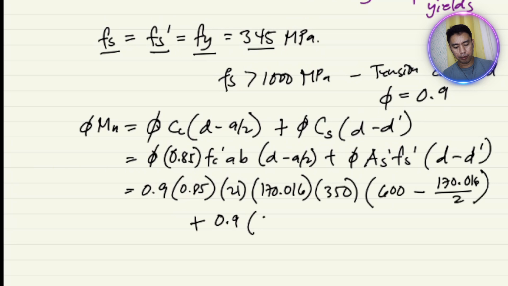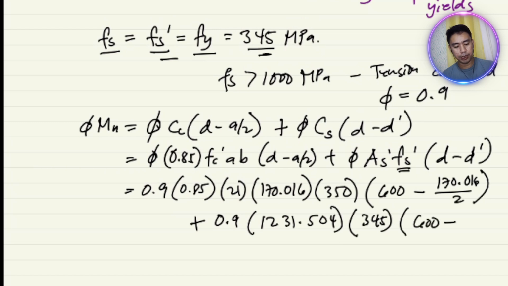Na-solve na natin yung AS prime, 1231.504 times Fs prime. Ano nga yung Fs prime? Fs prime is equal to dito 345. Okay, times moment arm of D minus D prime, or this is 600. Ano yung D prime natin is 60. Okay, and then so this is PMN.